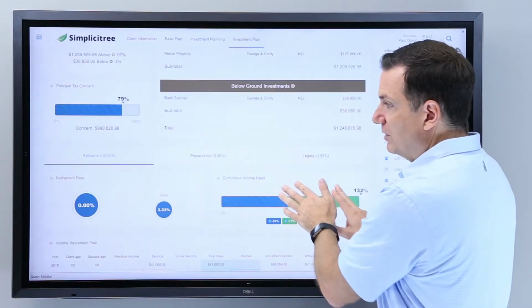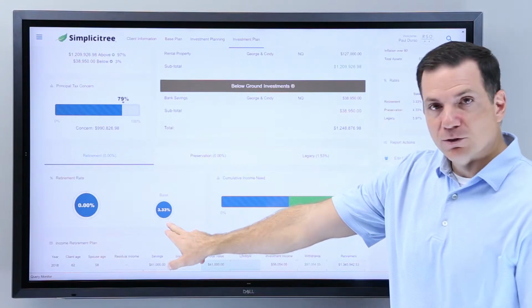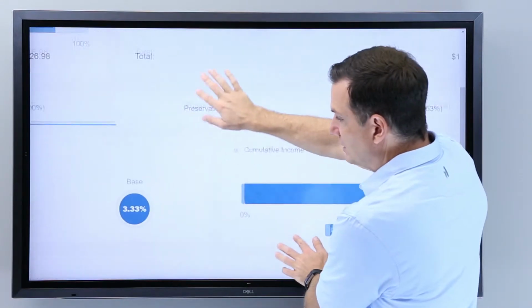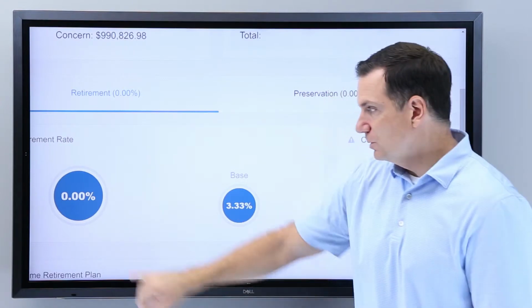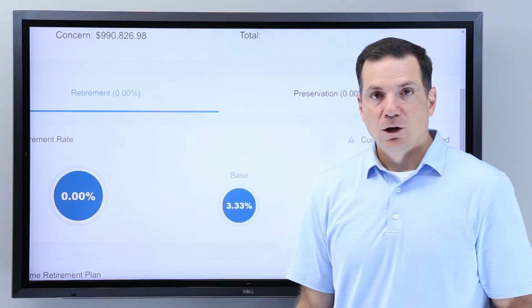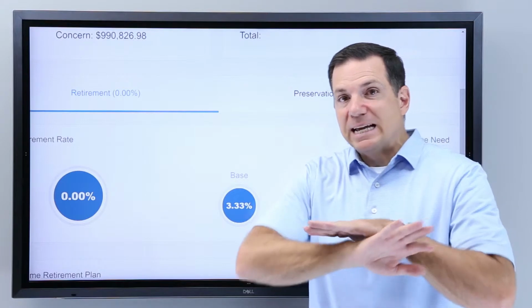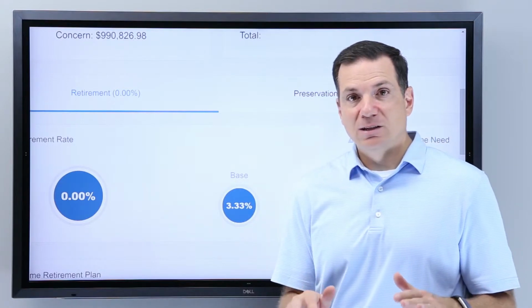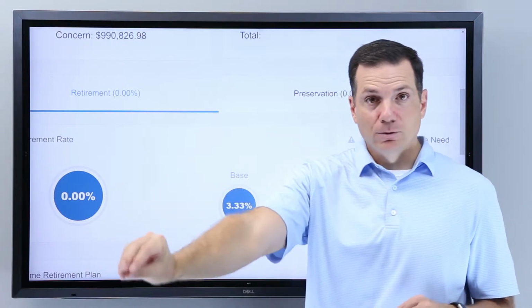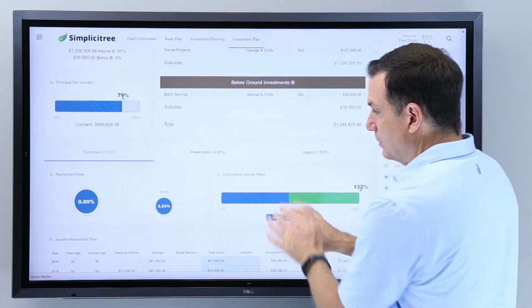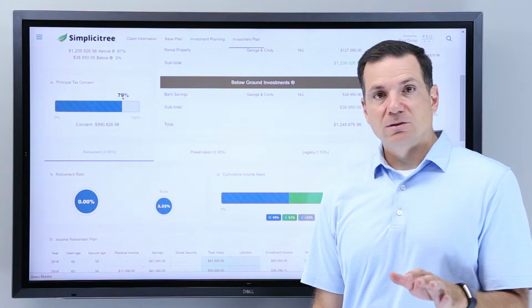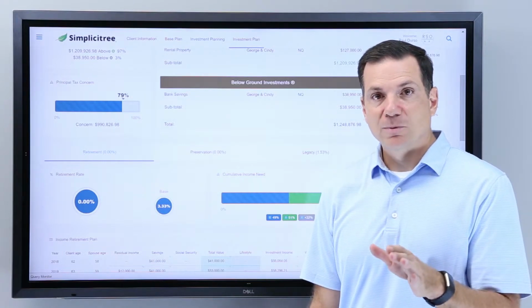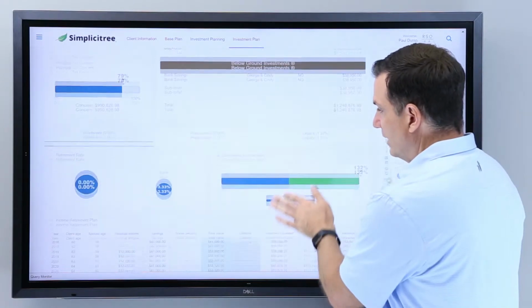Now after we put everything to work, their 3.3%, as you can see here, their 3.3% base of what I originally showed you is now zero. What that basically means is now they don't need any return from any investment as long as it's generating revenue. Their retirement plan is now set. They never have to worry for the rest of their life that they're ever going to run out of money, and it even gets better than that.